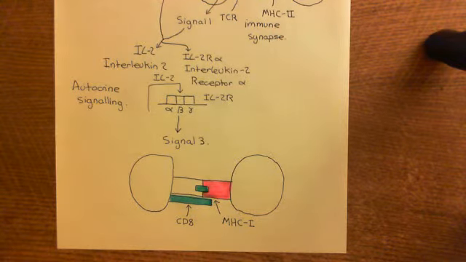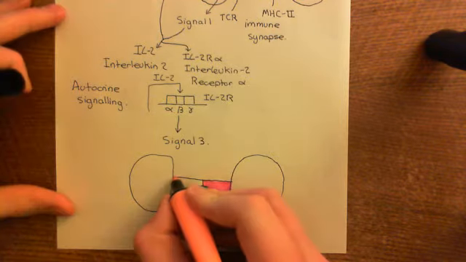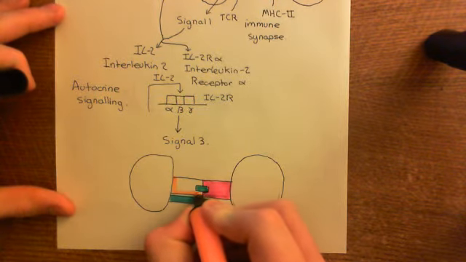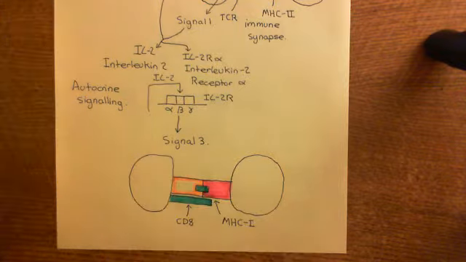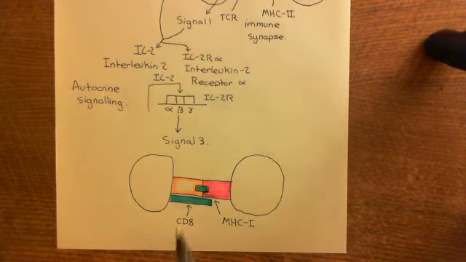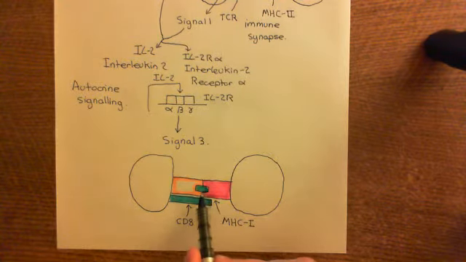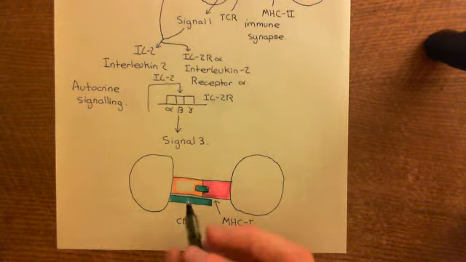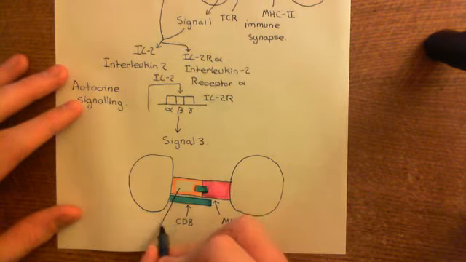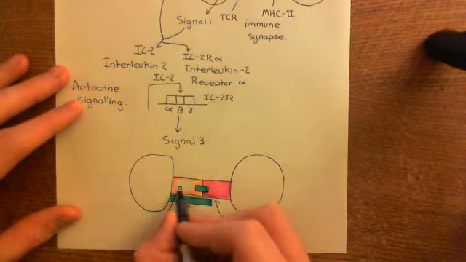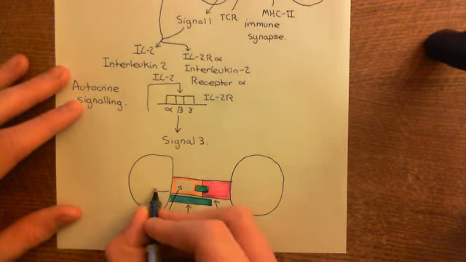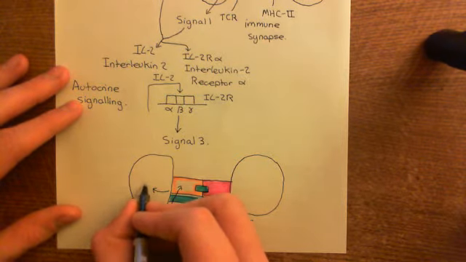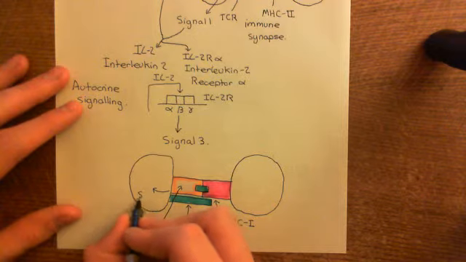Okay, so here's CD8 in blue, and here is the T cell receptor in orange. Okay, right, so the binding of the T cell receptor to the antigen fragment on the MHC class 1, and also the binding of CD8 to the MHC class 1, is going to deliver signal 1 to this T cell. Okay, so this is going to deliver signal 1. Okay, and I'll put this here.